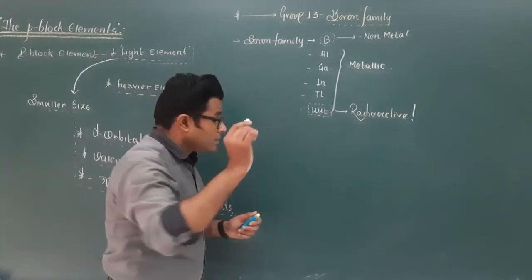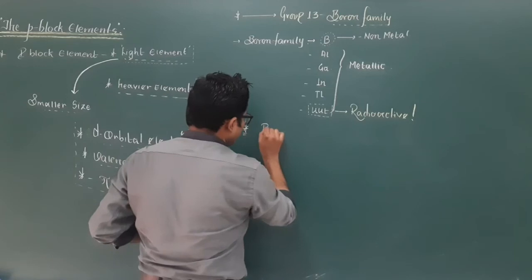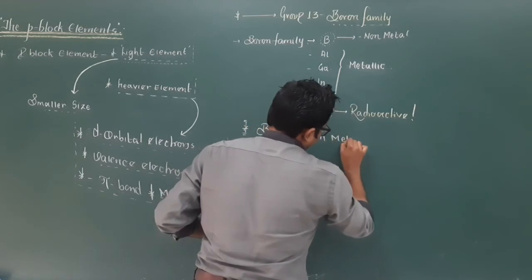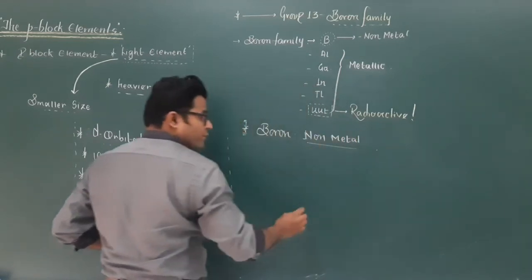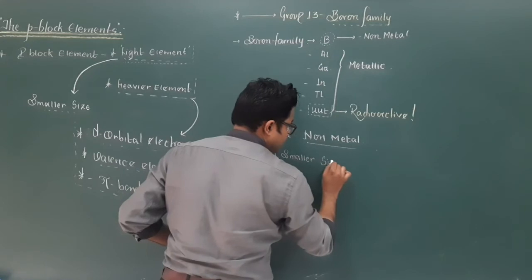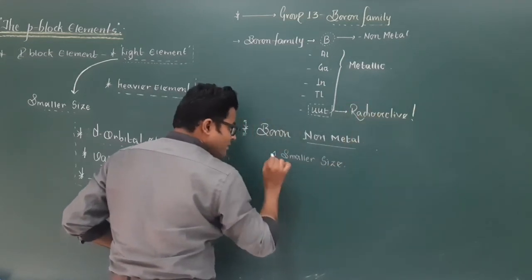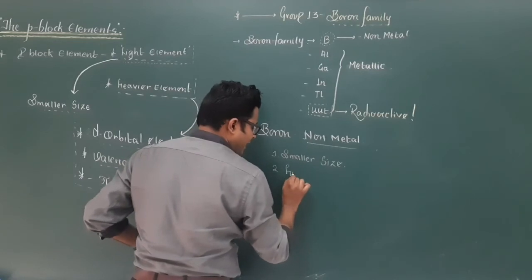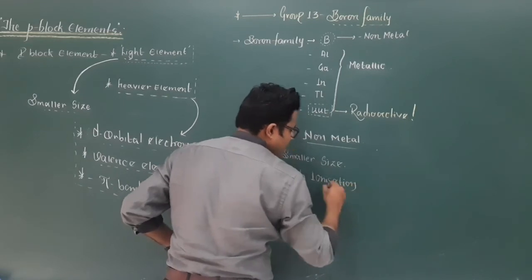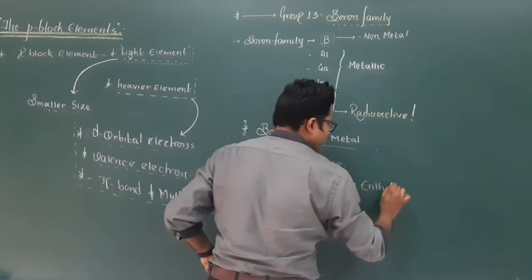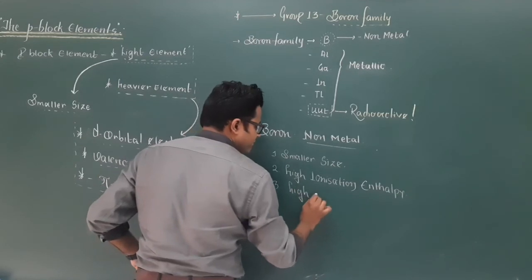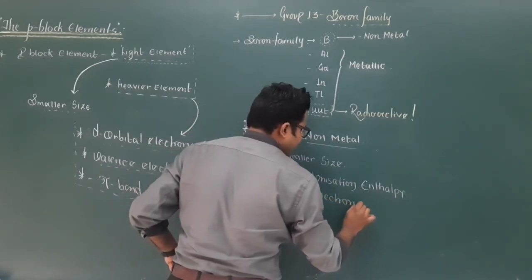Boron is a non-metal because of, first, its smaller size; second, its exceptionally high ionization enthalpy; and third, its high electronegativity.